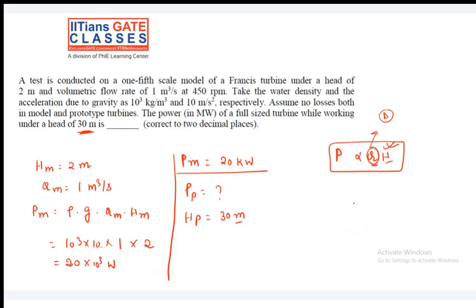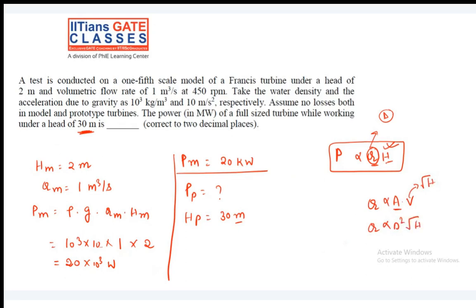So let us see how we change it. Q, we have seen, is directly proportional to area into velocity, right? And velocity is directly proportional to the square root of H, right? So can I say that Q is directly proportional to D square into square root of H?